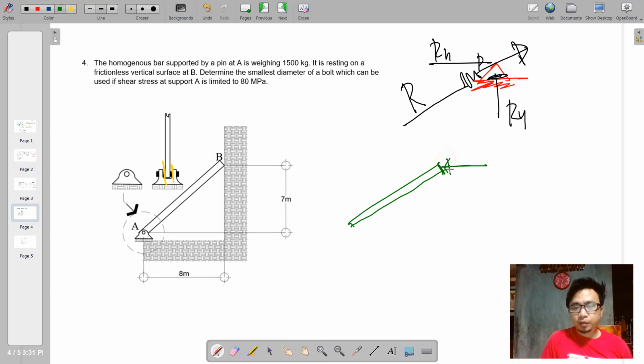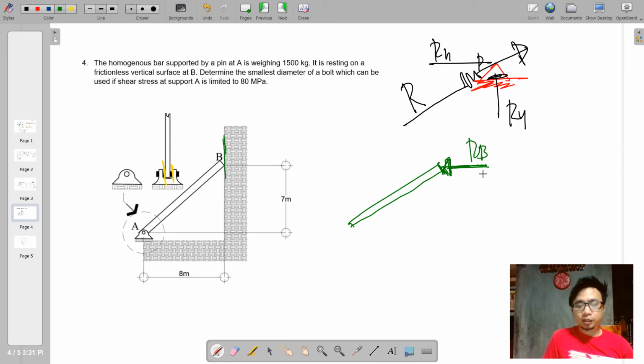So remember, any surface has a reaction force that is perpendicular to the surface. So if this is the surface, that is a vertical, and a perpendicular line to vertical is actually a horizontal force. So this is the reaction at the wall.